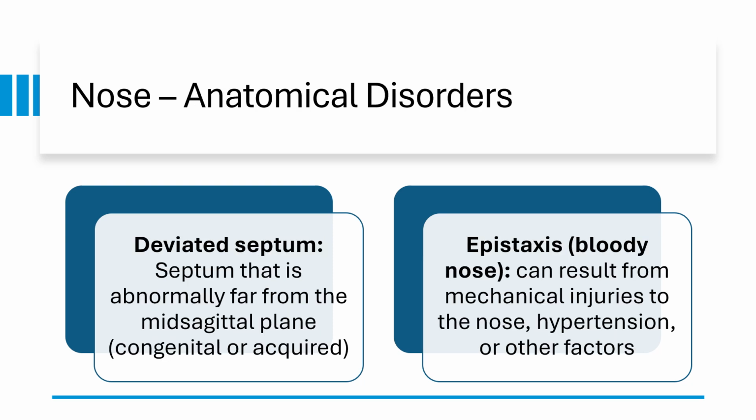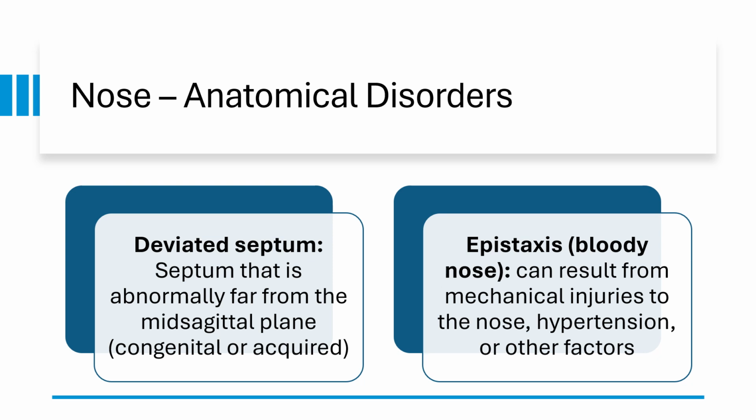So on this slide, I've got two different anatomical disorders that are relevant to the nose. The first one is a deviated septum. When we talk about a deviated septum, what we're really talking about is a septum that is abnormally far from the mid-sagittal plane.